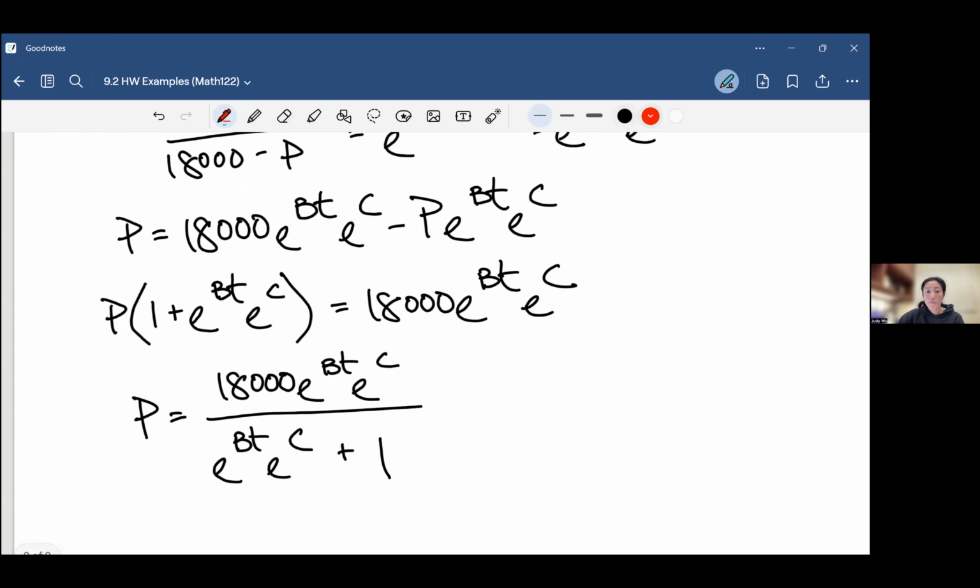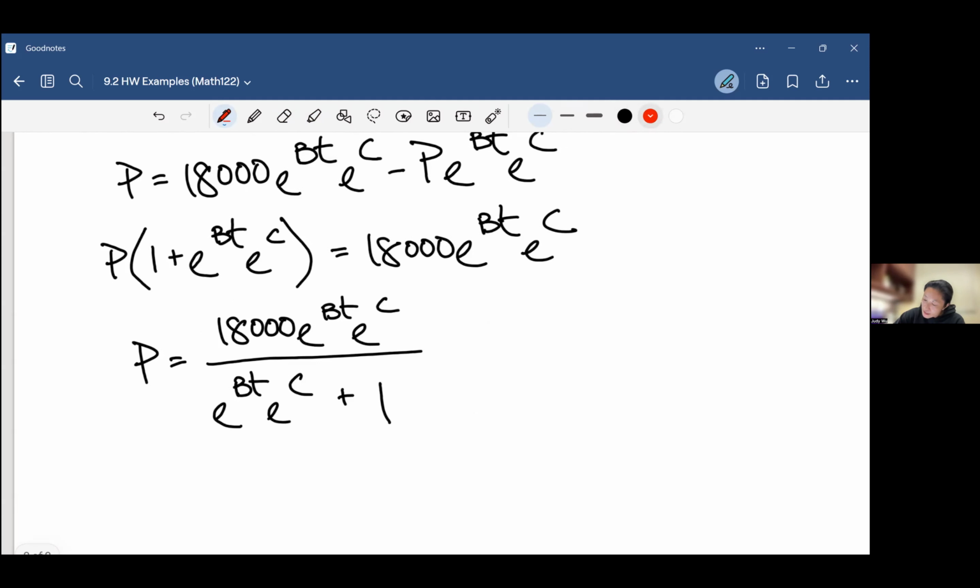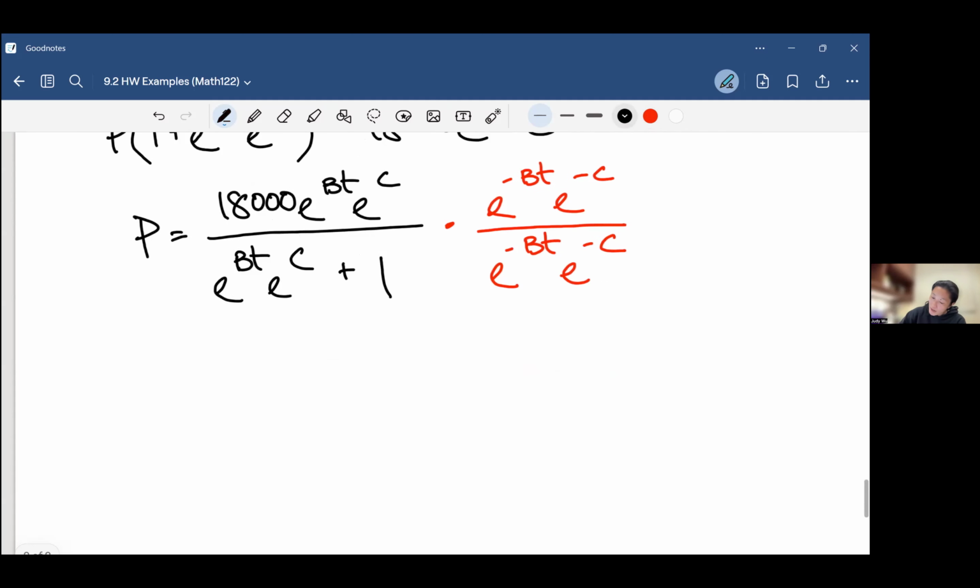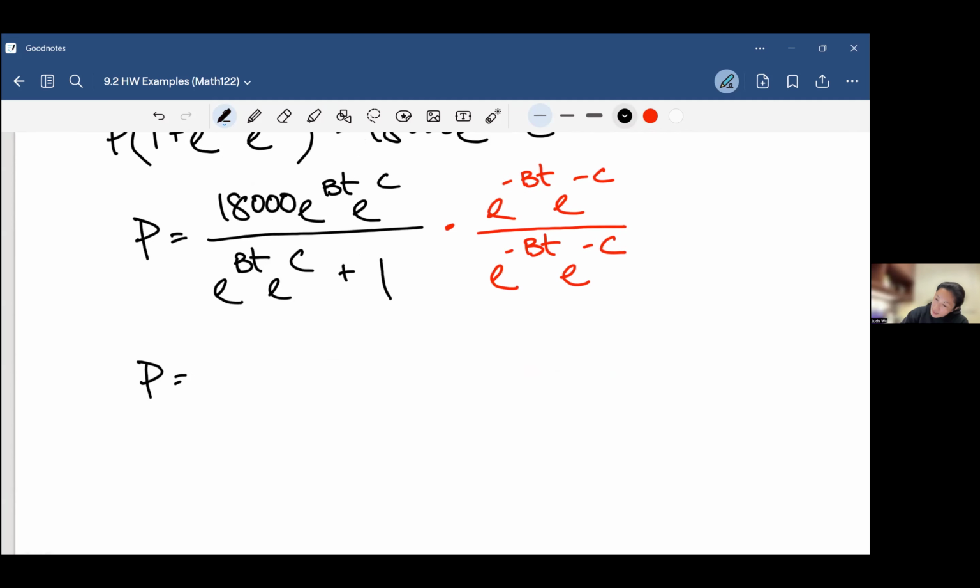Okay. Now I'm going to multiply by a very clever choice of terms. And as long as I'm multiplying and the top and the bottom are the same, it's like multiplying by 1 and it's totally fine. So what I'm going to multiply by is e to the negative bt e to the negative c over e to the negative bt e to the negative c. Okay. Now when I do that, the e to the bt and e to the negative bt are going to cancel.